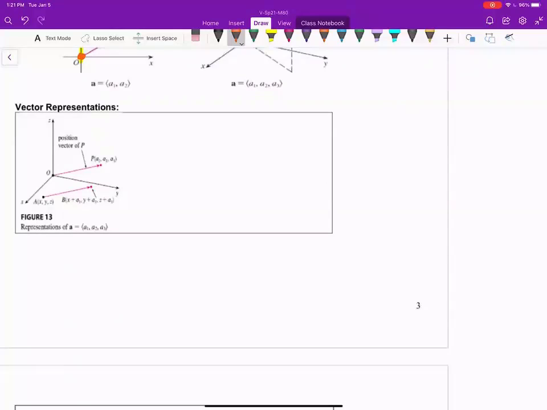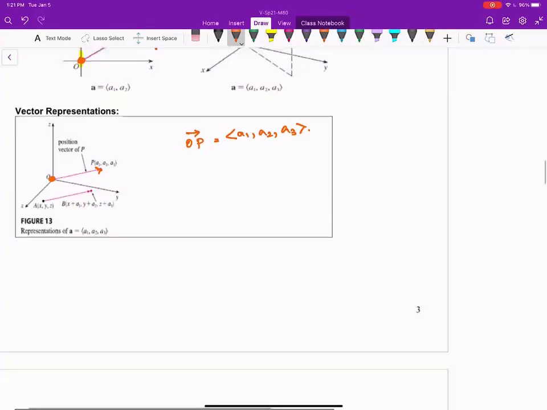If you have a vector starting at the origin and ending at P, and P has coordinates A1, A2, A3, then you can write this in component form, A1, A2, A3. But the same vector can also be represented by the vector AB.